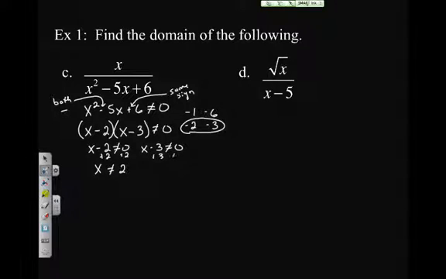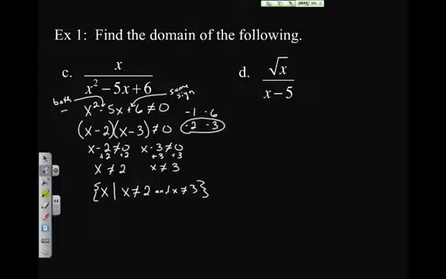And when we add 3 to both sides, we find out that x cannot be 3. So when we write it out in set notation, we want the set of all x's such that x is not equal to 2 and x is not equal to 3. And that gives us our domain. So it's anything except for those two numbers, 2 and 3.